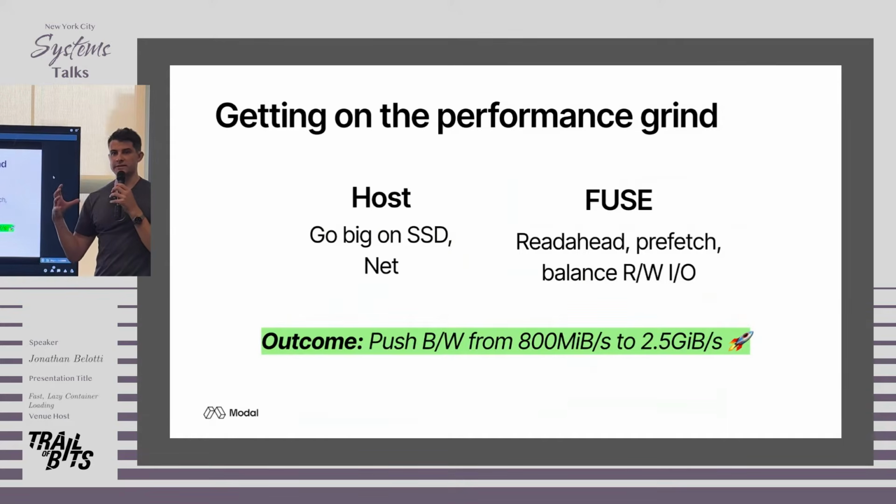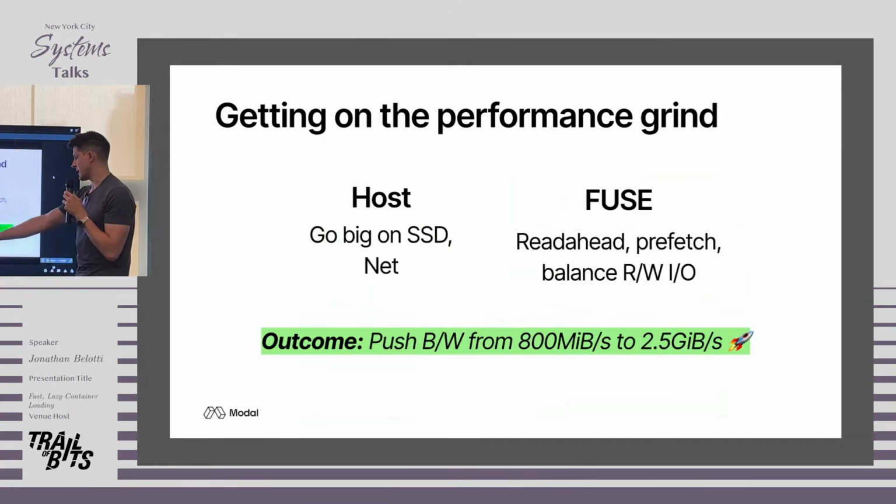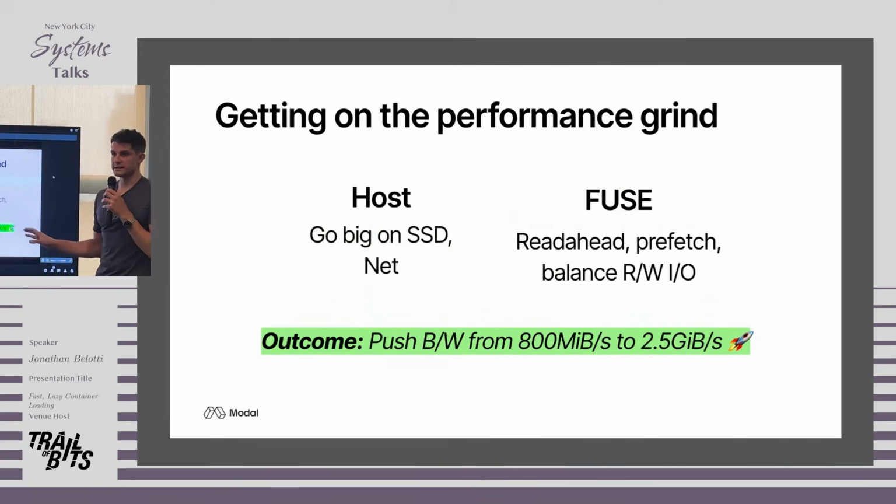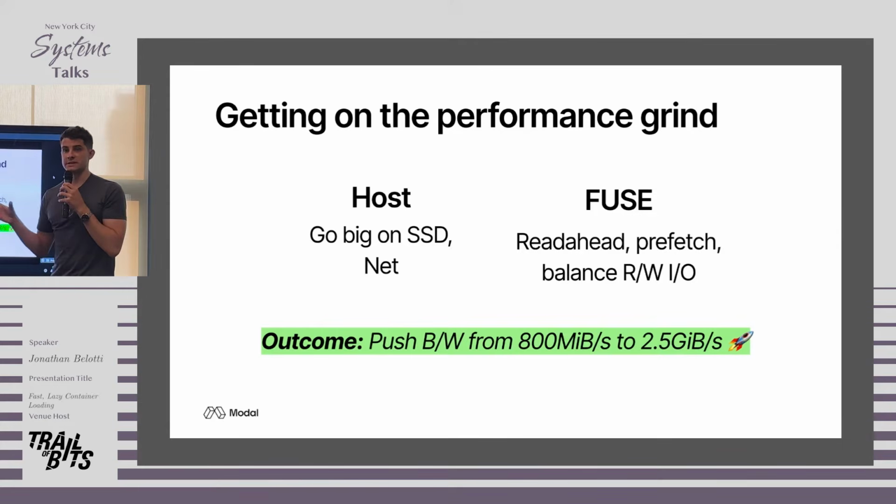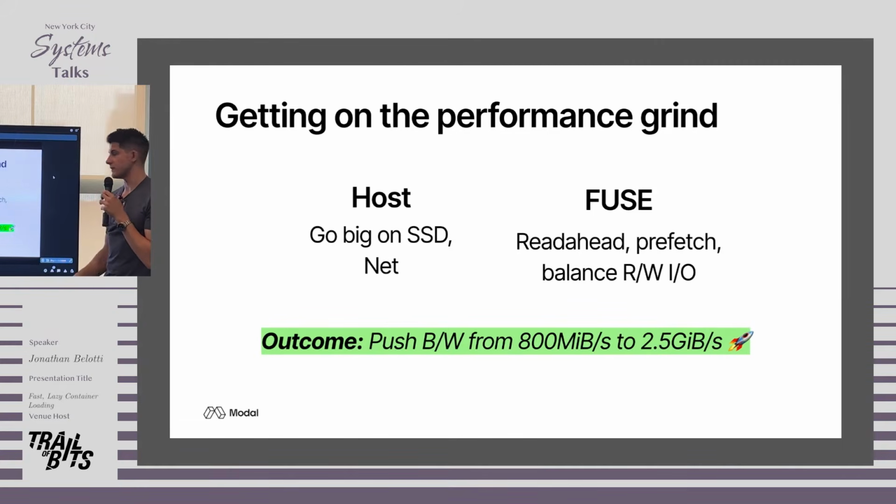So you're taking the better part of a second to load that absolutely crucial file, and models have gotten bigger than this. Your LLM models these days are in the tens of gigabytes. If your peak throughput is 800 megabytes, you're not in a good way. We have improved it quite a bit. We wish it was higher, but it's now about 2.5 gigabytes, and I'll tell you some of the things we did to get to that throughput range for a Fuse file server.